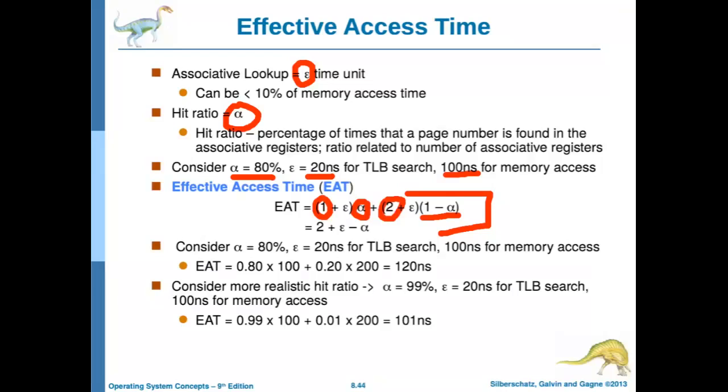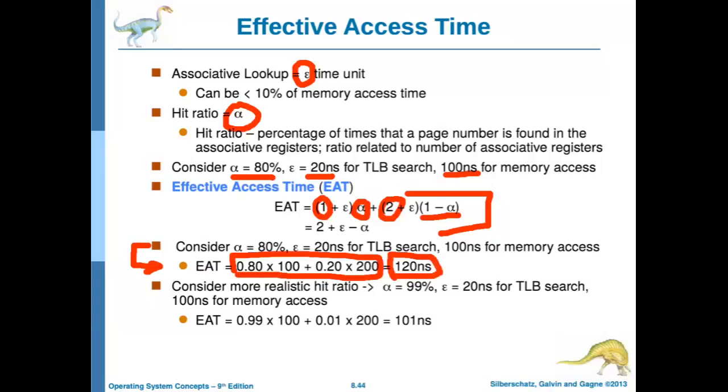So for example, the same thing is given here. If alpha is 80%, epsilon is 20 nanoseconds for TLB search and 100 nanoseconds for memory access, then the effective access time is the same, just values put into the above formula, and what we get is 120 nanoseconds. Can you imagine the performance gain here?